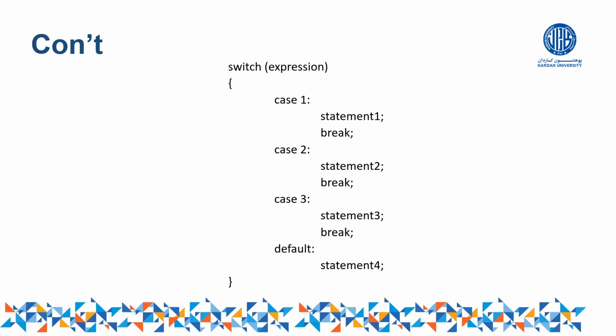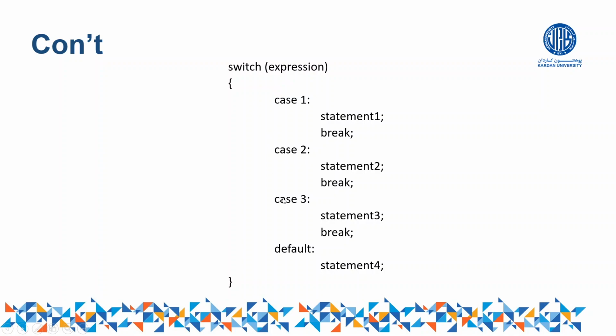This way you can write the program using a switch statement. Switch expression, and then case 1. After this we have statement 1, and then we have the break statement. After this, case 3 will be compared with this expression.